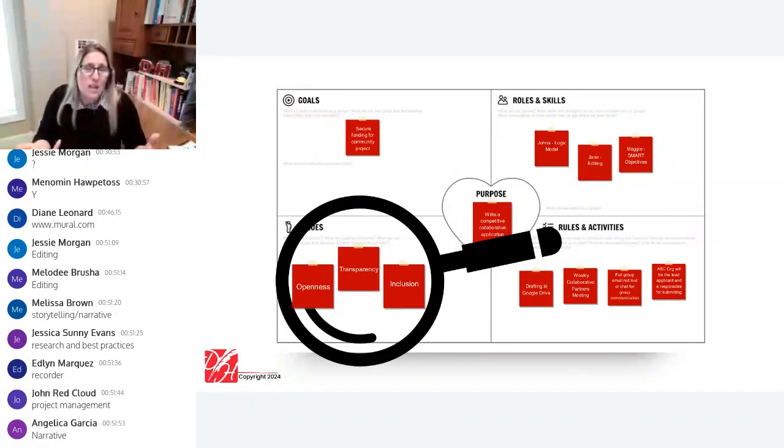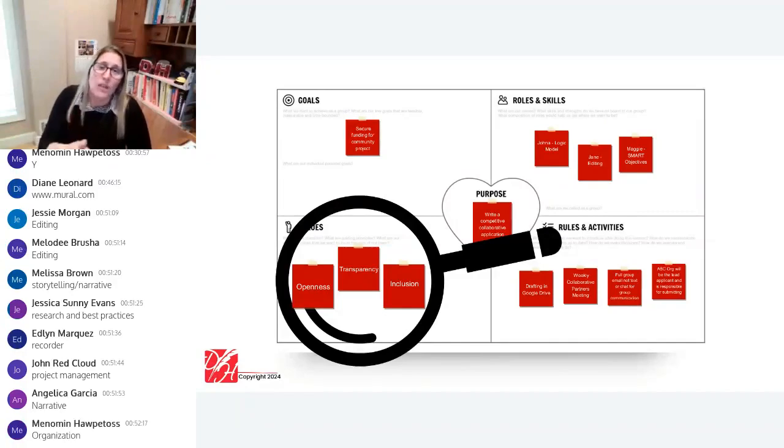They might be newly generated words and ideas for this particular collaborative group. So if we were pretending that you are the collaborative group, it could be that as you talk about your organizations and the work you do and how you want to work together, you've decided that openness, transparency, and inclusion are the three values that you want at the forefront of everything you do together in service of this application.